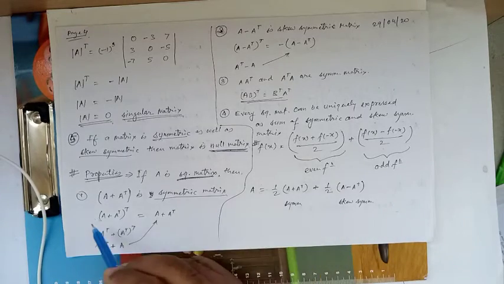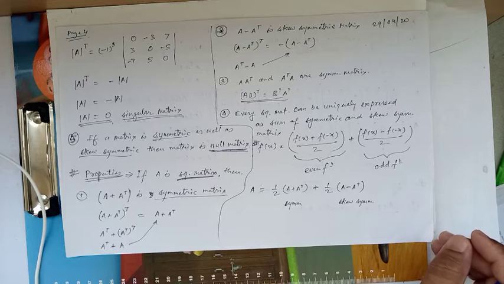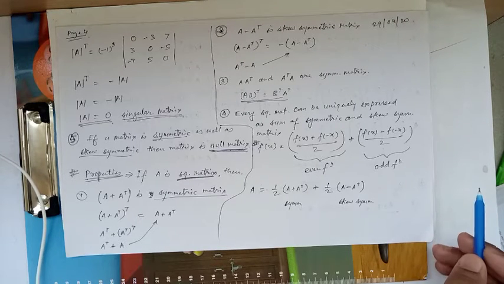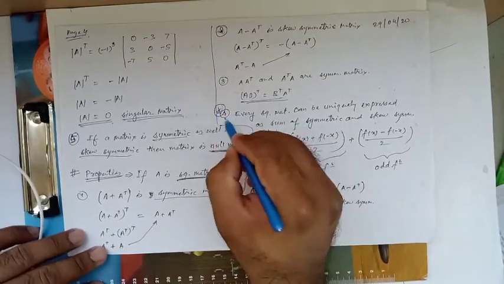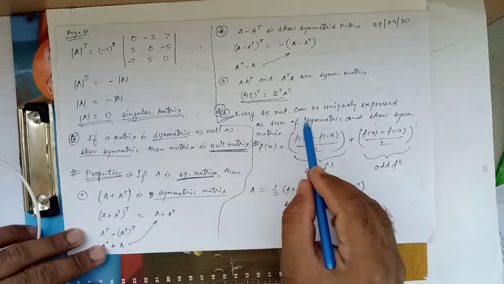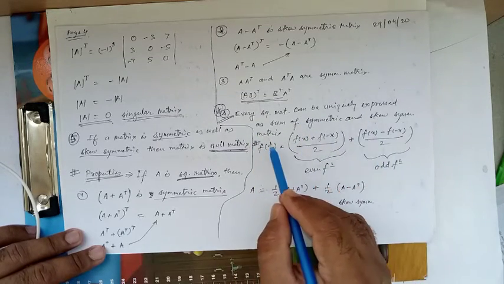We have seen these many properties of square matrix. And also we have seen that this is a very important one, the 4th one: every square matrix can be uniquely expressed as the sum of a symmetric and a skew symmetric matrix.